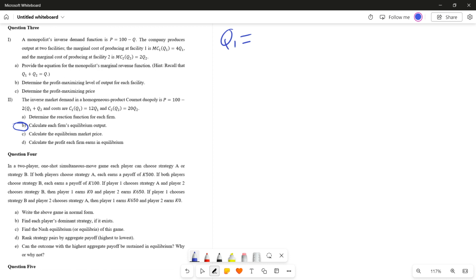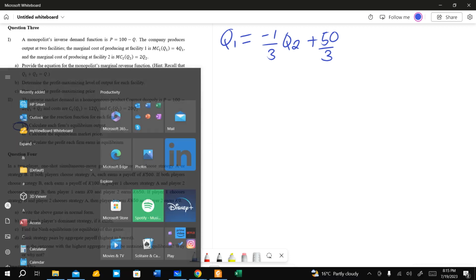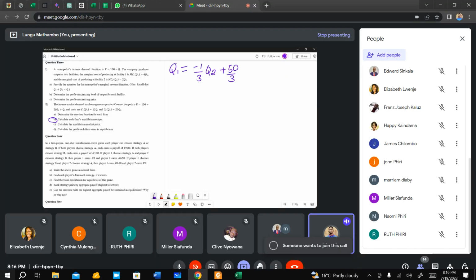Okay, and we said that Q1 was minus 1 over 3 Q2 plus 50 over 3. Okay, so if you are behind on how we got this, just refer to the previous recording that I sent.